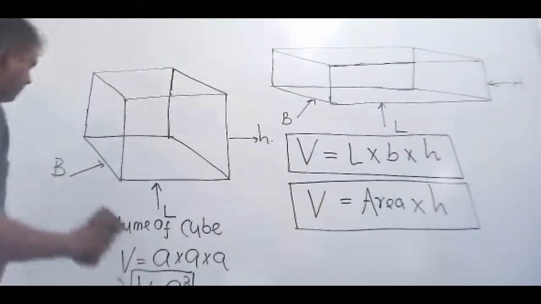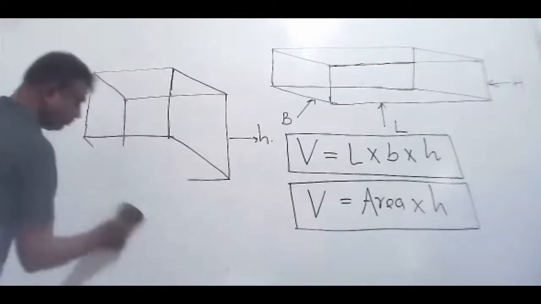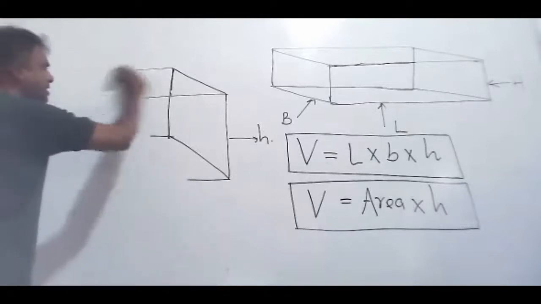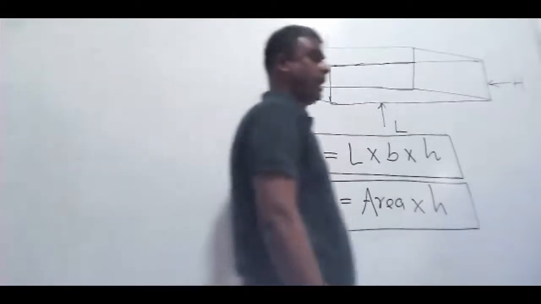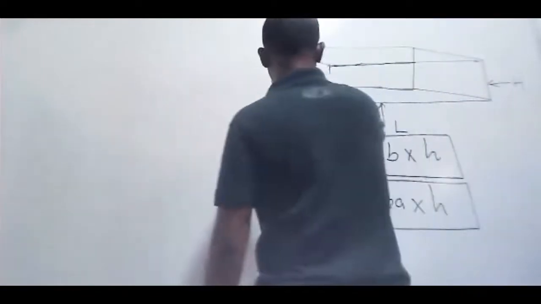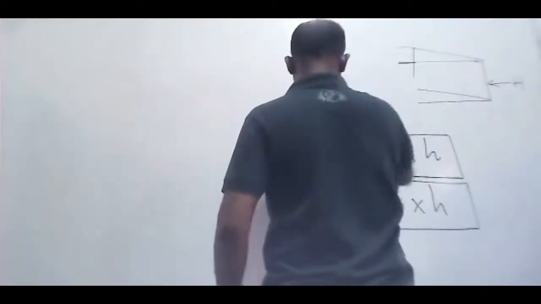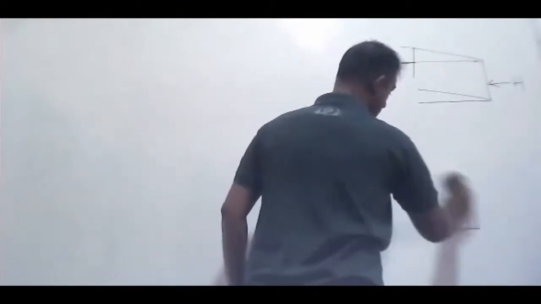Write down an example. The side length of the cube is 10 centimeters.